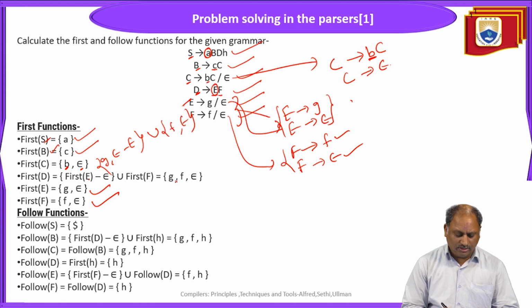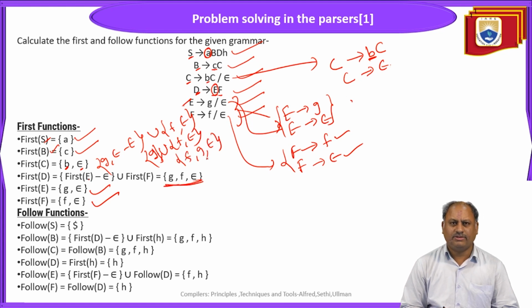So what it contains? g, union f, epsilon. So what is the union of this? f comma g comma epsilon. So that is the same result, f comma g comma epsilon.